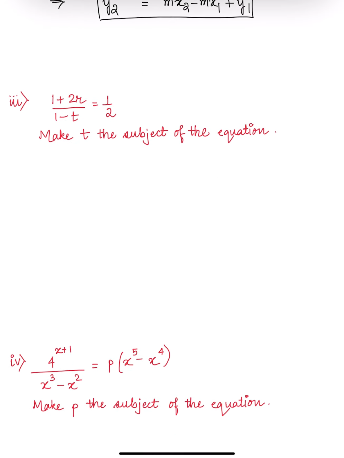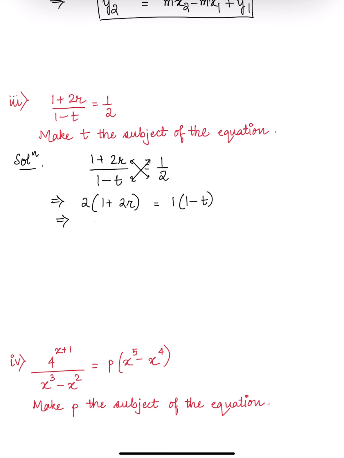Now the third is we have to make t the subject. So 1 plus 2r by 1 minus t equal to half. So we have to first cross multiply. 2 into 1 plus 2r will be equal to 1 into 1 minus t. So 2 plus 4r equal to 1 minus t.